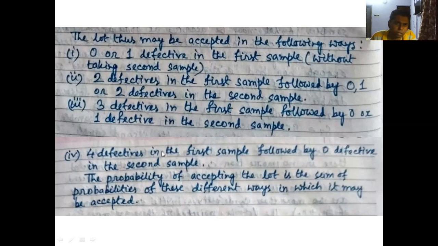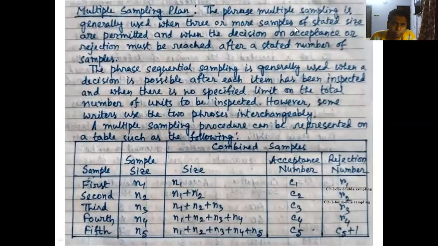Okay. Now take a look at this multiple sampling plan. The phrase multiple sampling is generally used when 3 or more samples of stated size are permitted, and when the decision on acceptance or rejection must be reached after a stated number of samples.